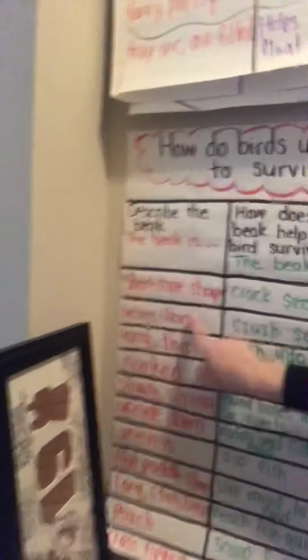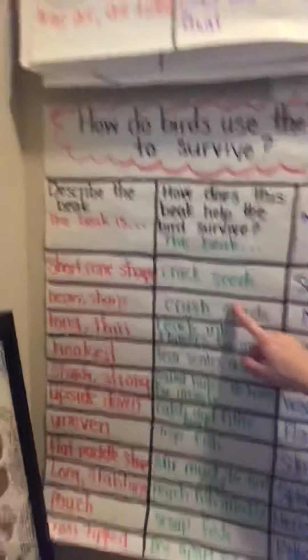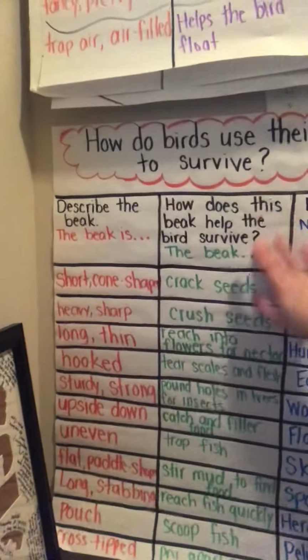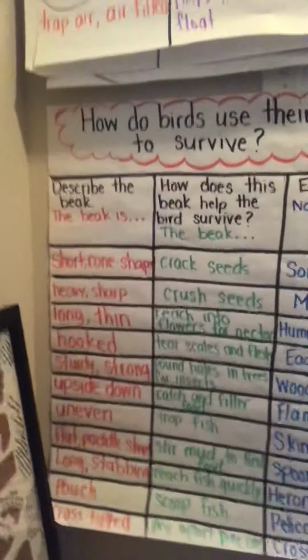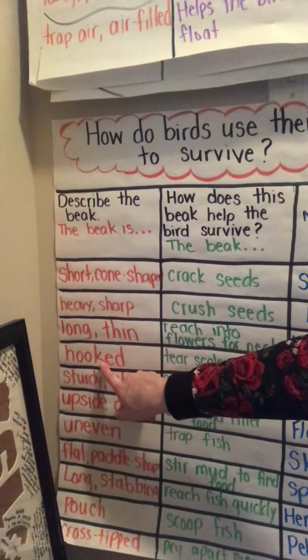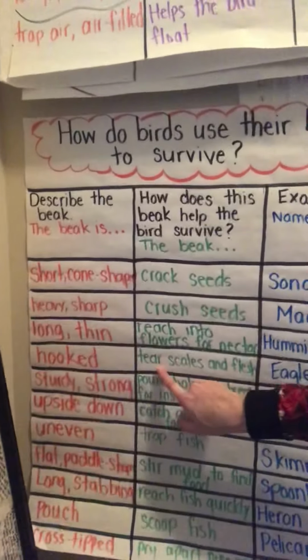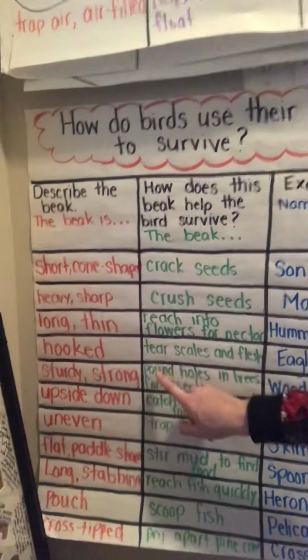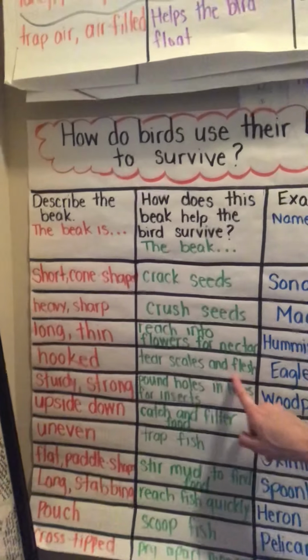So we're going to go back. After you write your sentence describing the beak, now you need to look next door to how that beak helps the bird survive. So I'm going to go back to the one that I said, hooked. If I'm using hooked, now I'm going to look to see that the hooked beak is used to tear scales and flesh.